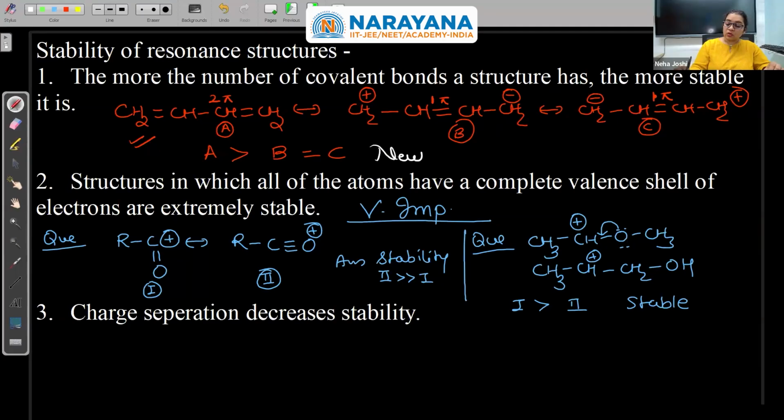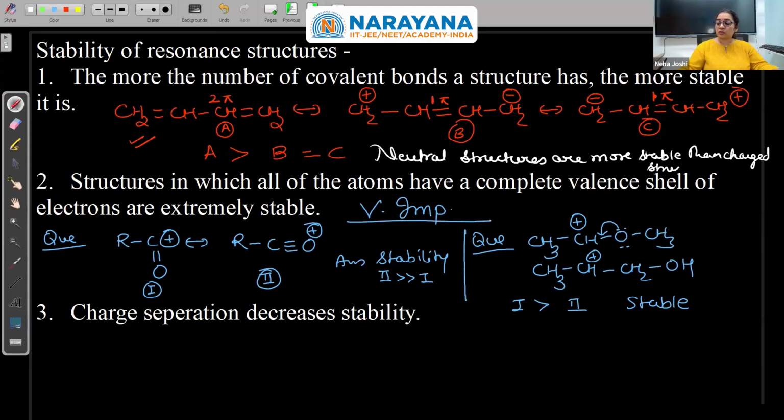Okay, so neutral structures are more stable than charged structures.